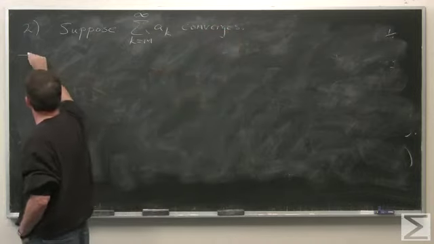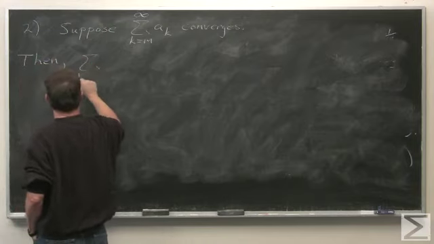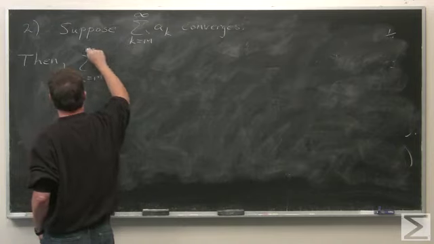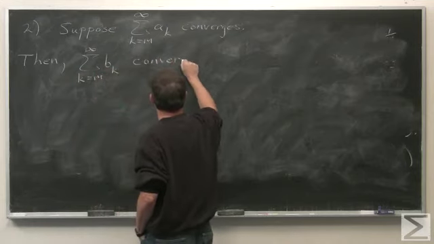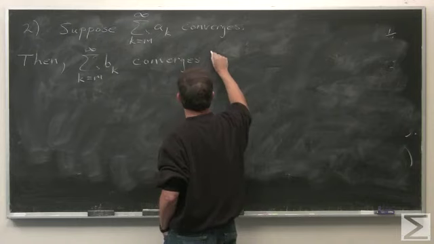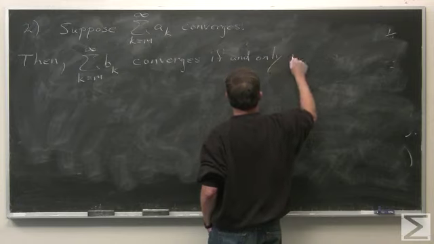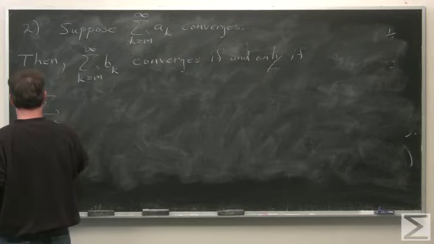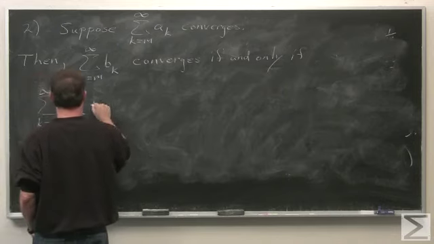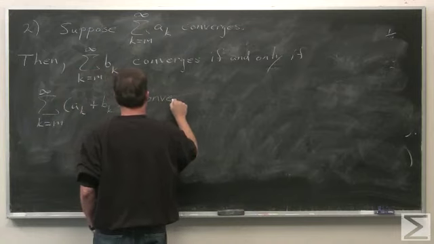Then the sum as k goes from m to infinity of b_k converges if and only if the sum as k goes from m to infinity of a_k plus b_k converges.